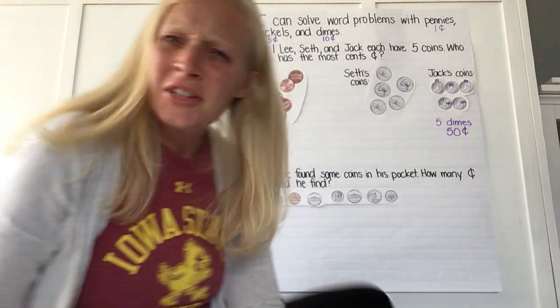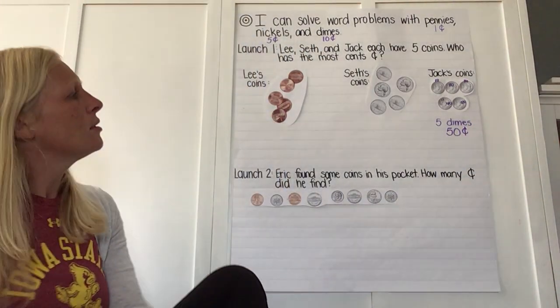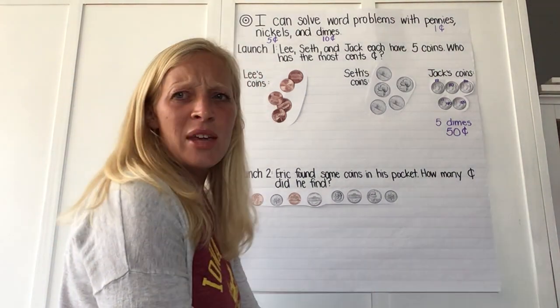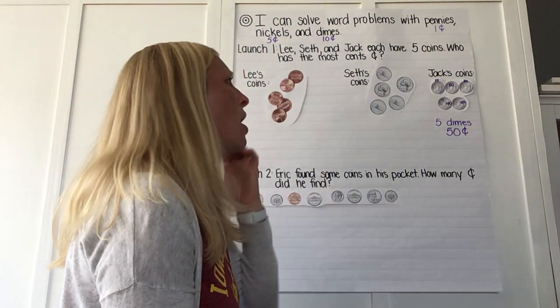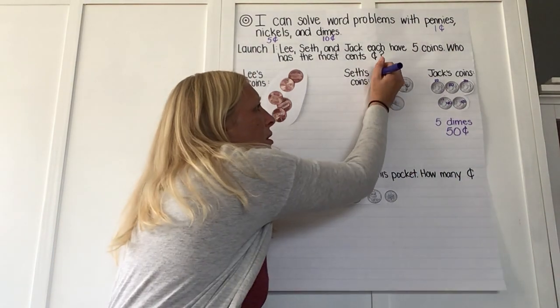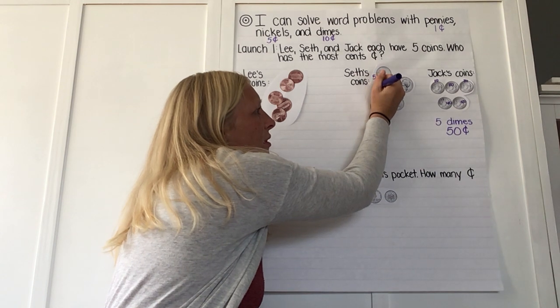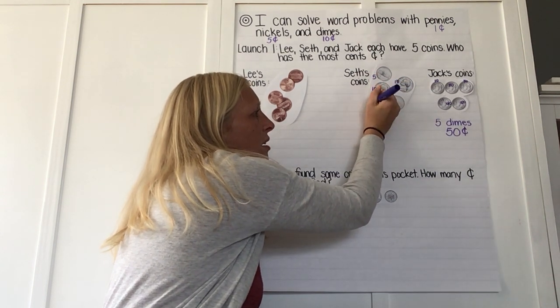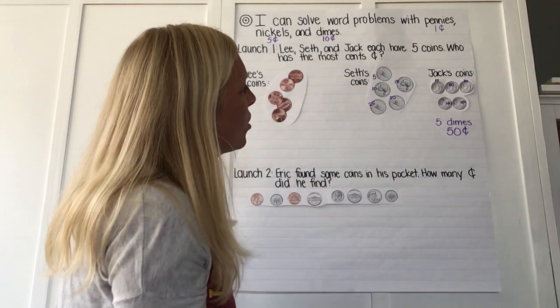Okay? How much does Seth have? How do you know he has 25 cents? Okay, so how will we skip count those? 5, 10, 15, 20, 25. And what did we skip count by?